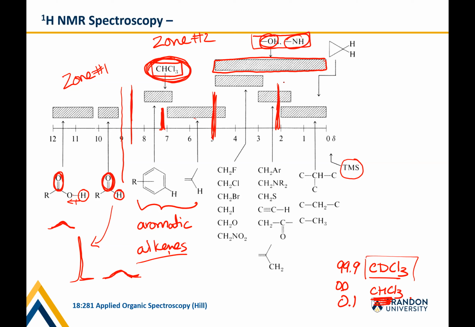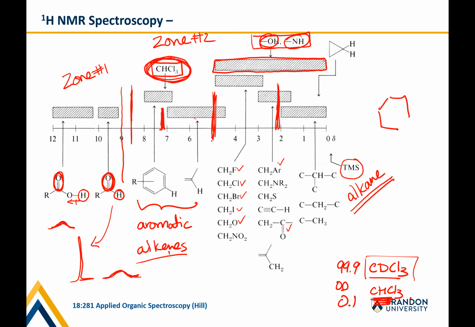In this region, you see most of the other interesting functional groups: protons that are near fluorines, chlorines, bromines or iodines, or close to oxygen, or protons near an aromatic ring or a carbonyl all come in this zone. So this is an interesting place to look. And then 2 to 0, these are basically alkanes, the backbone of whatever your molecule happens to be.